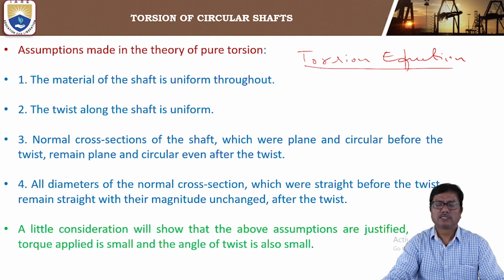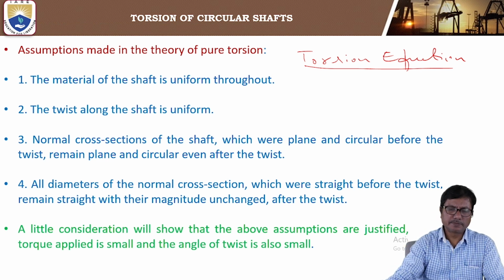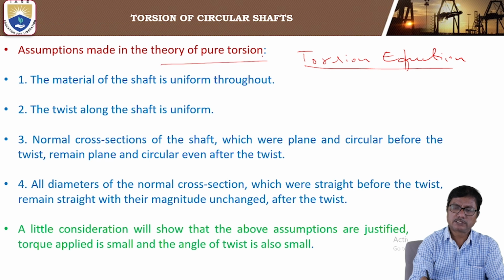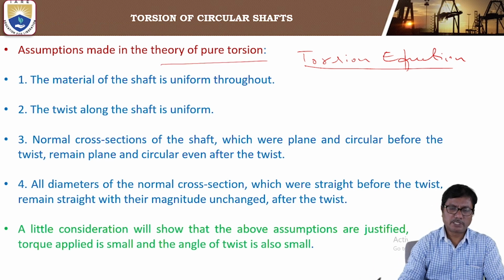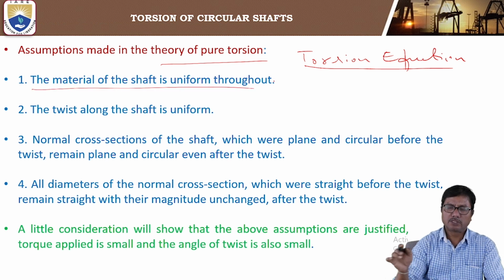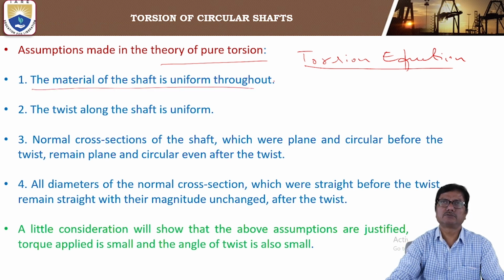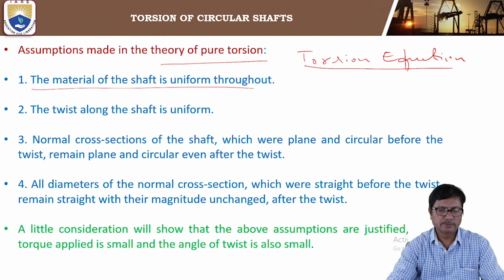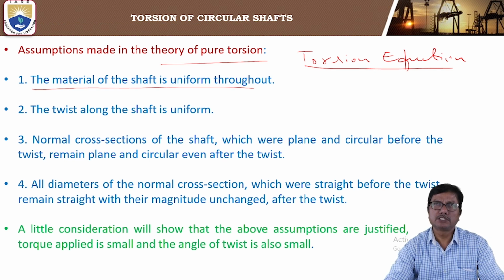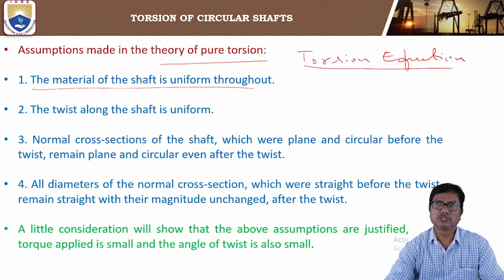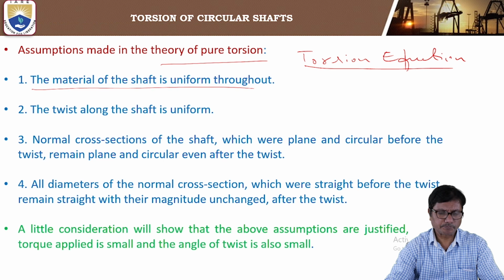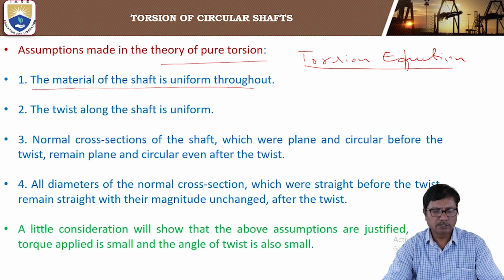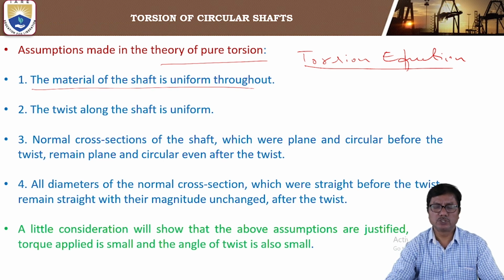We make some assumptions in this derivation of the torsion equation. The first assumption is that the material of the shaft is uniform throughout, homogeneous, and the twist along the shaft is uniform.